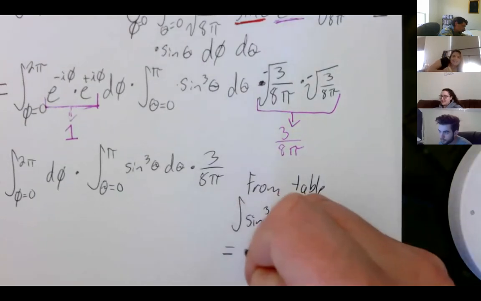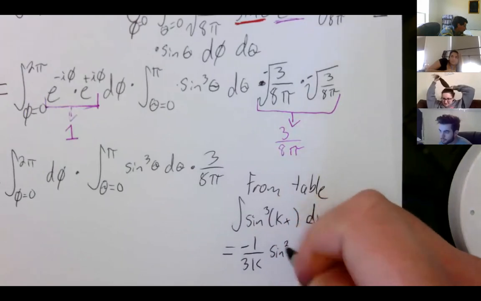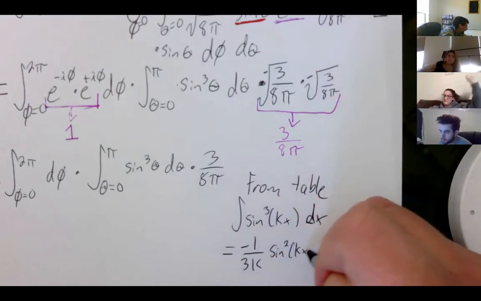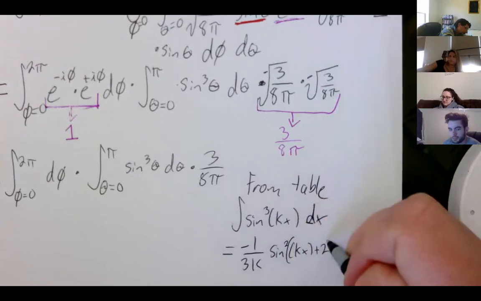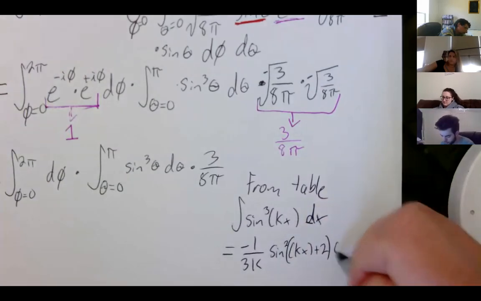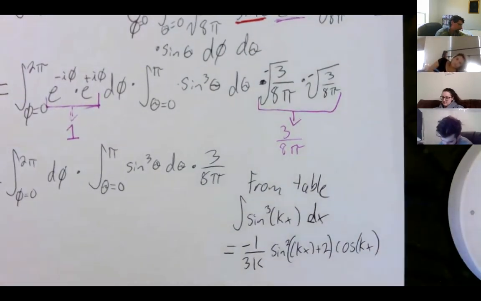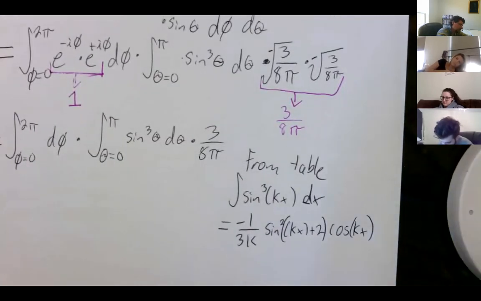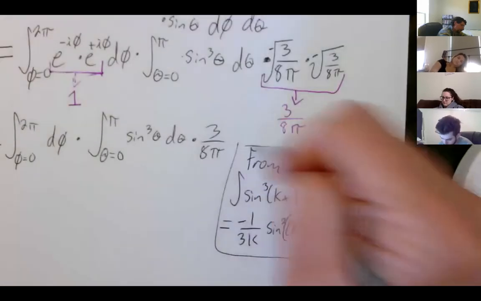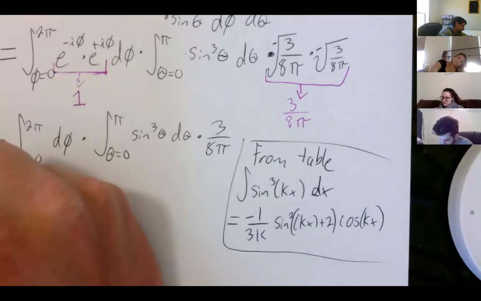The integral of sine cubed kx dx is equal to -1/3k times sine squared kx plus 2, all in parentheses, times cosine kx. What's our k in this case? Is it 1?